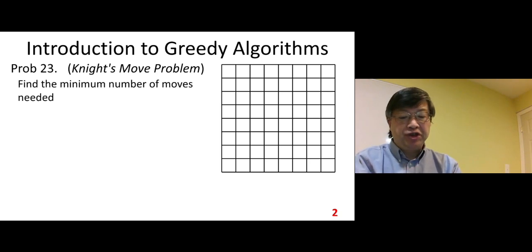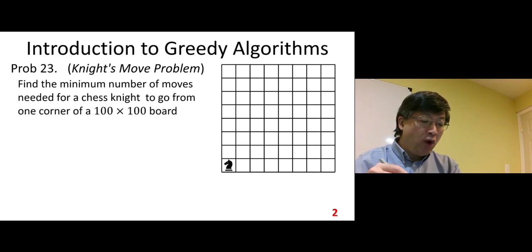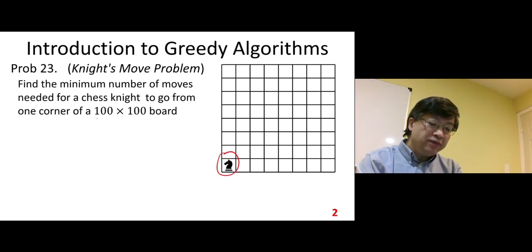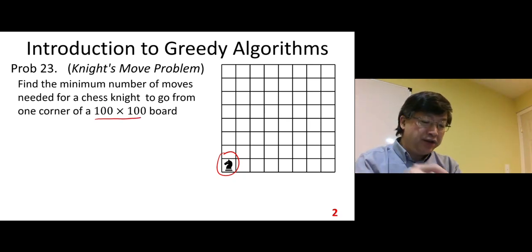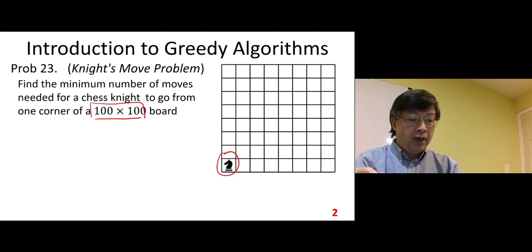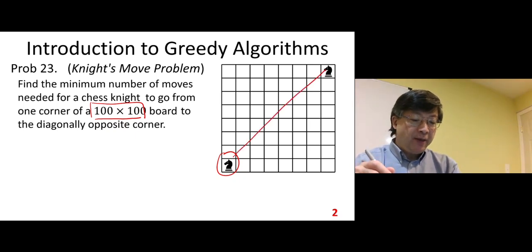Find the minimum number of moves needed for a chess knight to go from one corner of a 100 times 100 board. It is not a standard chessboard. It is a special 100 times 100 board, to the diagonally opposite corner, right?